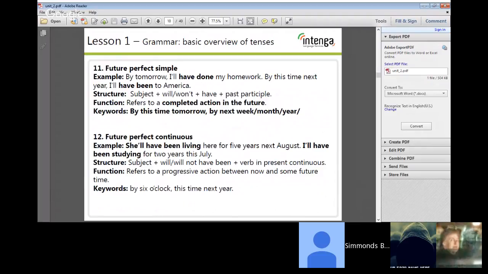Number 12, future perfect continuous. Example, I shall have been living here for 5 years. Next August, I'll have been studying for 2 years. All right, so very good. Looks like things are still going okay here.